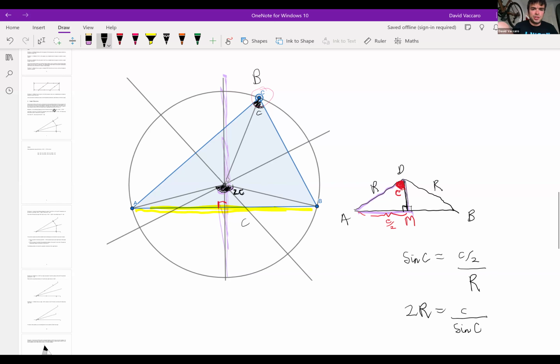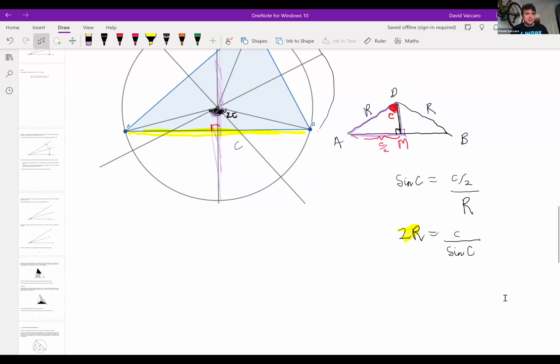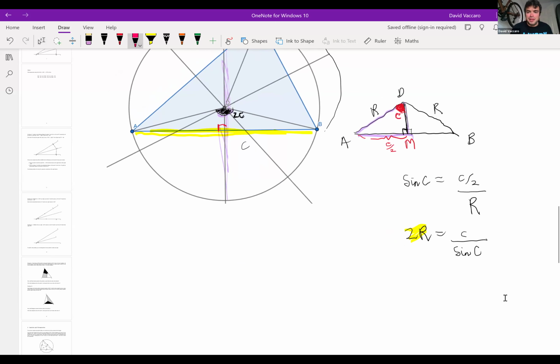What I could also do is I could have just rotated the triangle so B was at C and then called it BC. This radius must be the same, however I label up the triangle. And it can't depend on the fact that I've labeled this point C in order for it to be c over sine C.